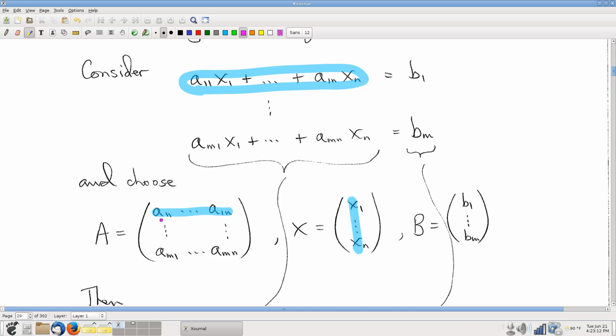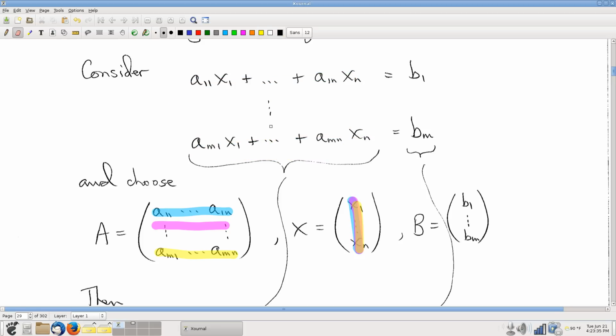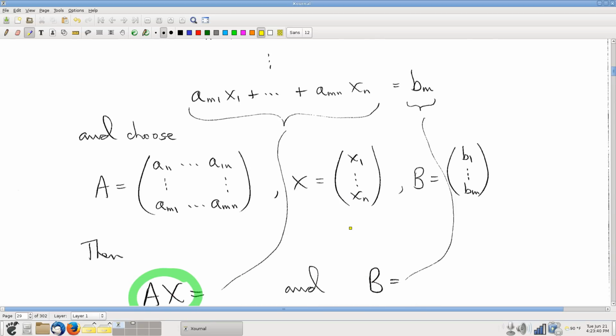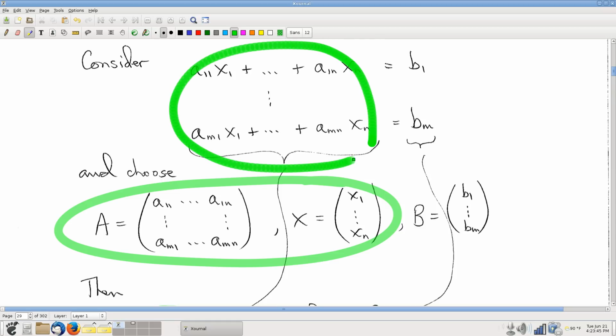The second entry is going to be that dot the exact same thing, which is going to be the left-hand side of the second equation, etc. So dot dot dot, that dot that gives me the last left-hand side. So interestingly, it turns out that AX, this product A times X, gives me exactly the left side of the equation. Weird. How about that?